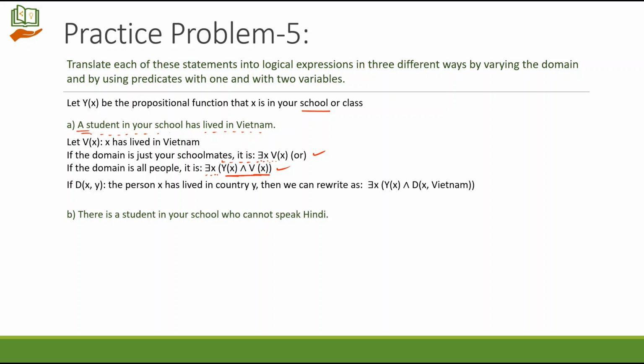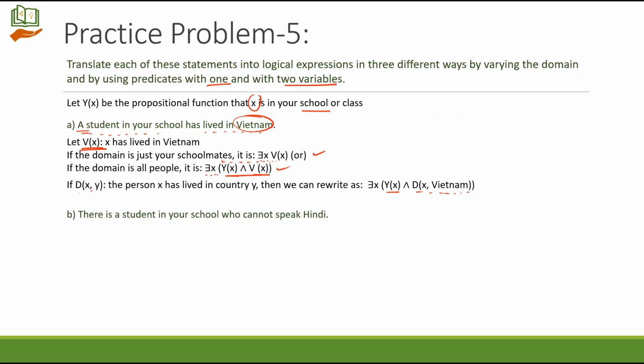If we represent d of x comma y as person x has lived in country y, then we can rewrite this as y of x, which states that a particular student of your school, then d of x comma Vietnam, the student x has lived in Vietnam. So when we use a single variable, it is v of x. When they say 2 variables, it is a particular person who has lived in a particular place. Based on the statement, we are taking 2 variables. So when it is a single variable, we are using v of x.